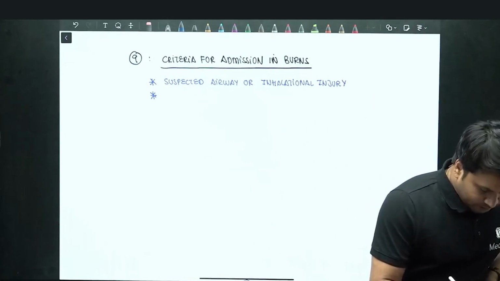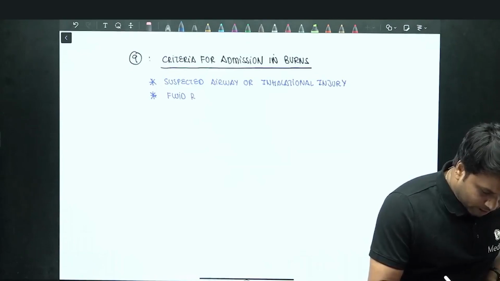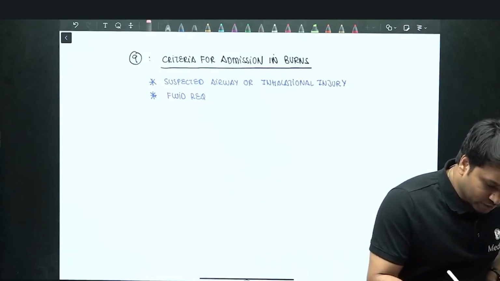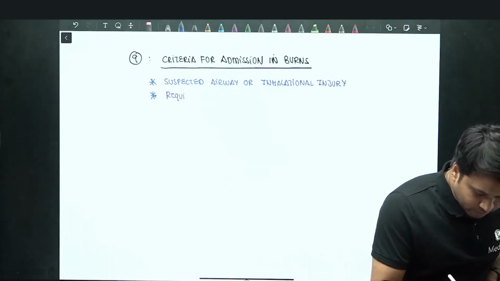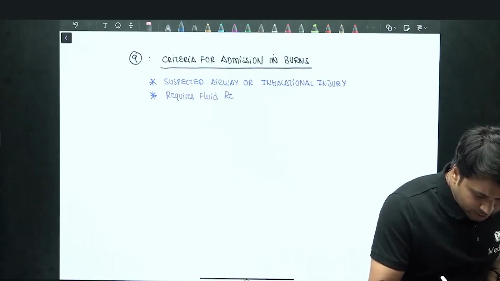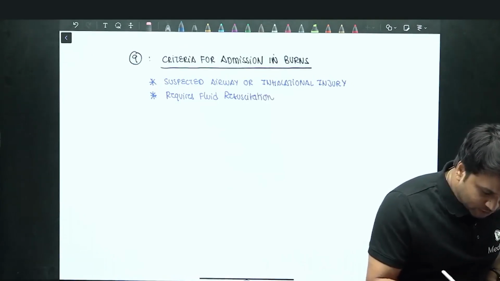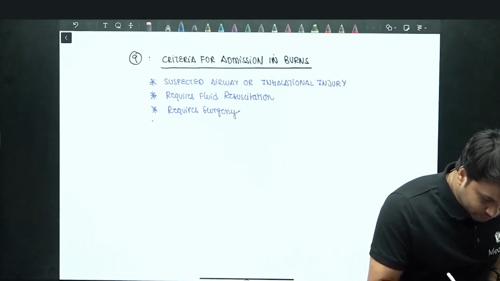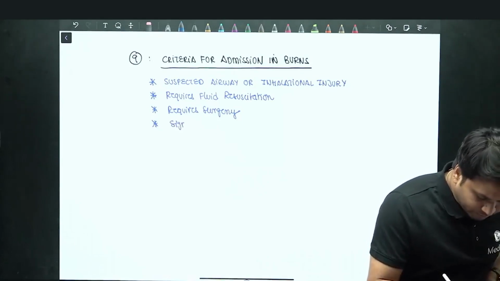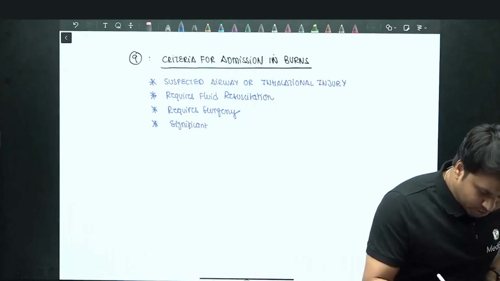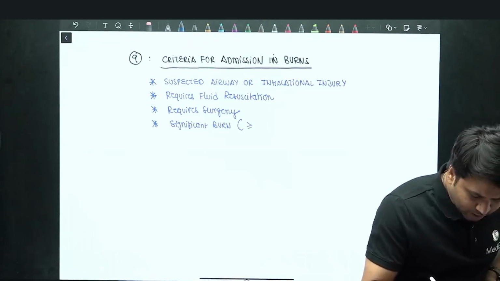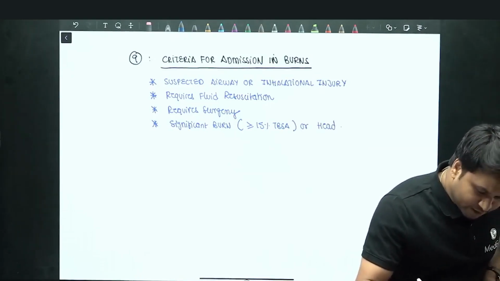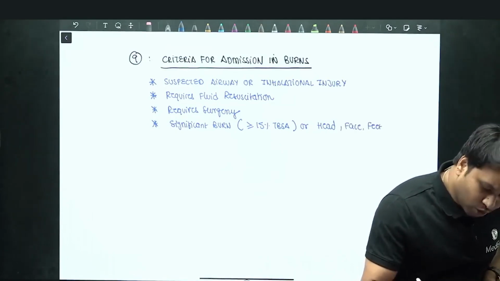Now, if there is a fluid requirement, if it requires fluid resuscitation, if that burn requires surgery, if there is a significant burn, that is, if it is more than or equal to 15% of the total body surface area, or if there are burns to the head, face, feet or perineum.